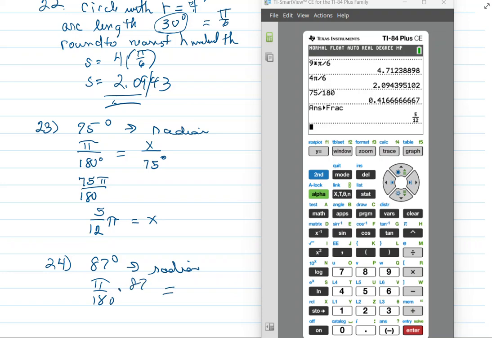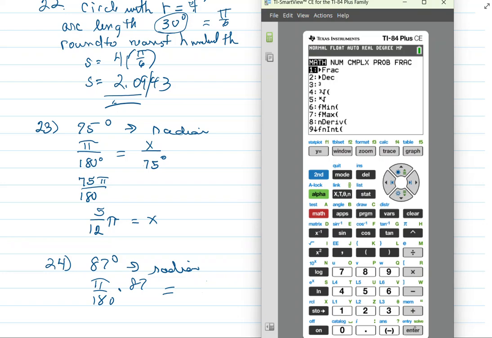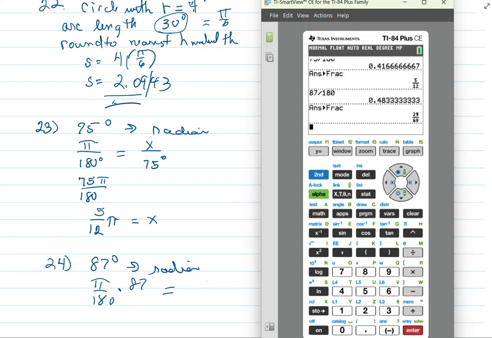And that is 87, what is that? It's divisible by 3. 87 divided by the 180. Math frac. 29/60 pi. Okay.